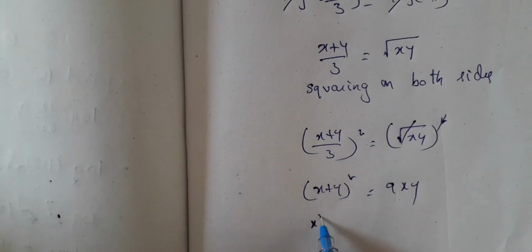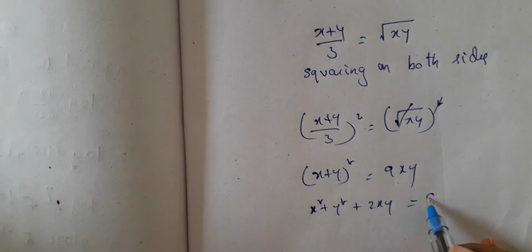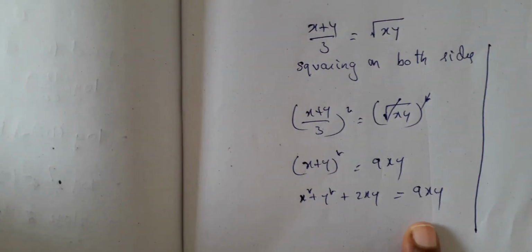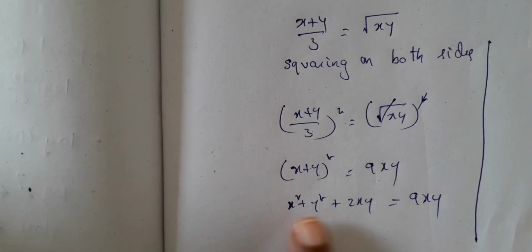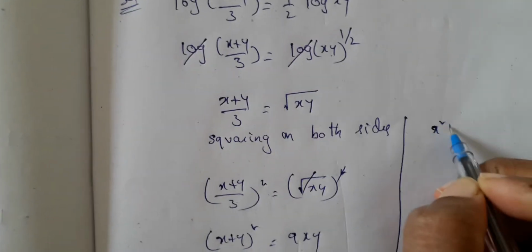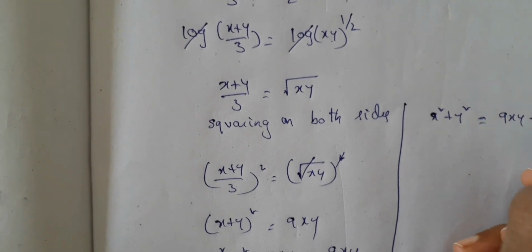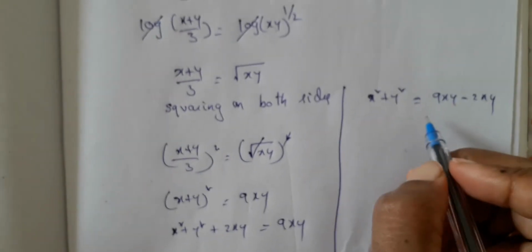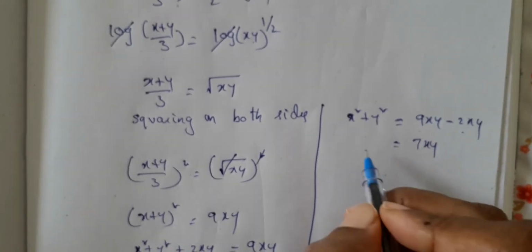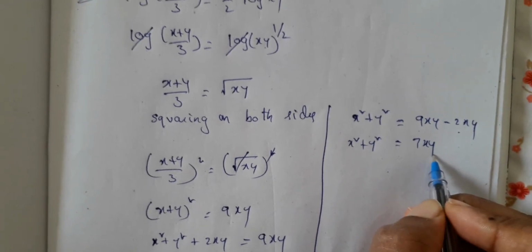So now x square plus y square plus 2xy is equal to 9xy. Yes, perfectly right. Now transpose this 2xy here. So the next step will be x square plus y square is equal to 9xy minus 2xy. So 9xy minus 2xy is 7xy. x square plus y square is equal to 7xy.